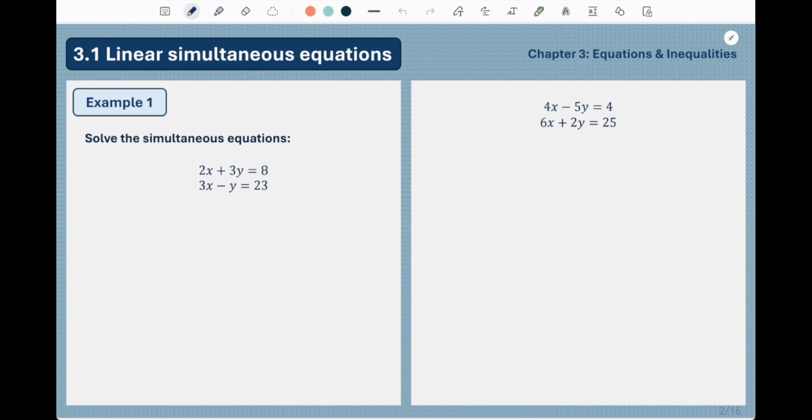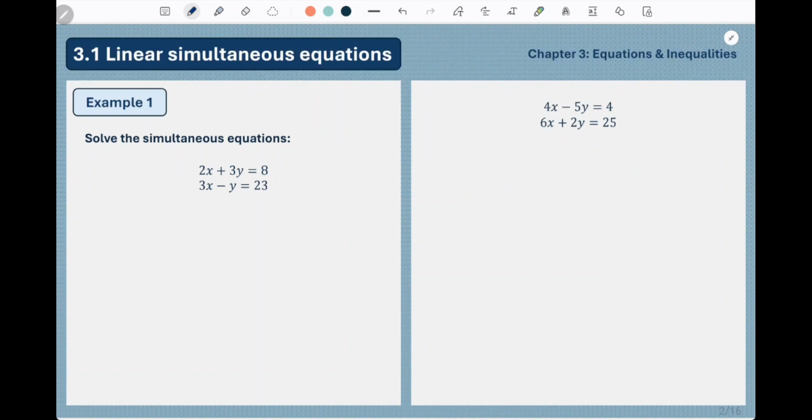The basic idea of simultaneous equations is that you add these two together, adding whatever is on the left hand side and whatever is on the right hand side. But before you do that, you need to arrange them so that either x or y is eliminated.